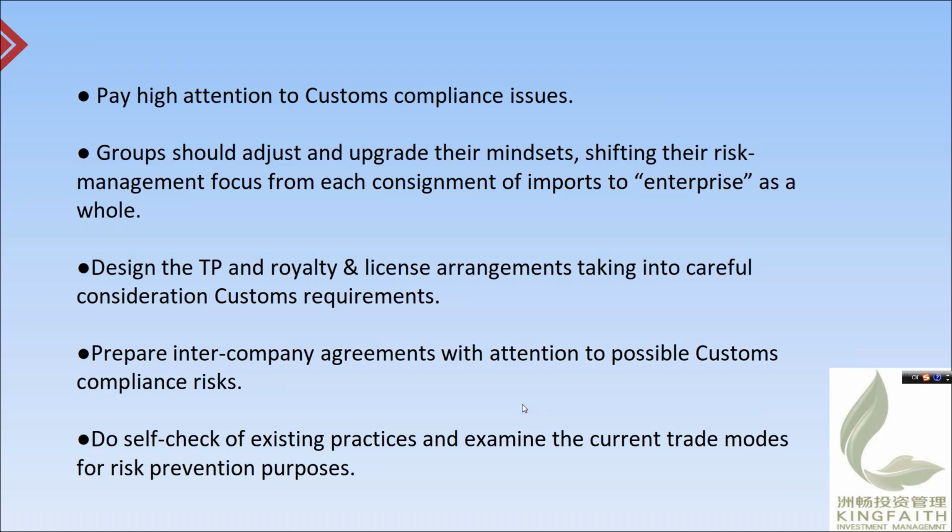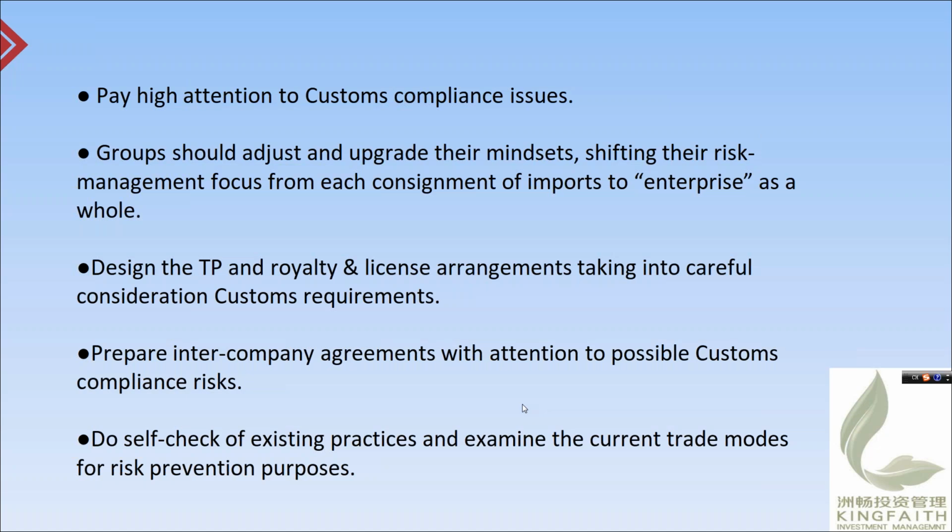To further give you some examples in our suggestion for these two points, like in the royalty and license agreement, usually we see a lot of royalty license packages, with different rights packed together into one package, and then they price it with one particular number.